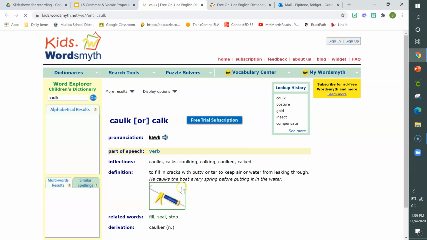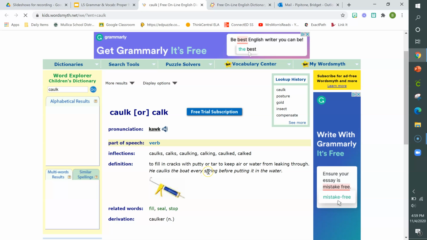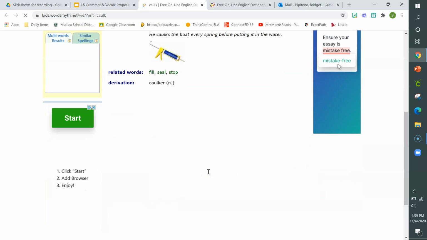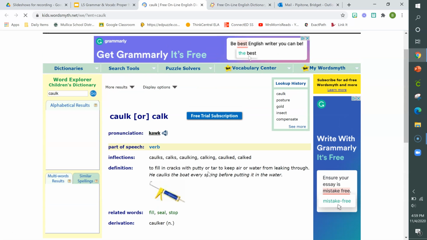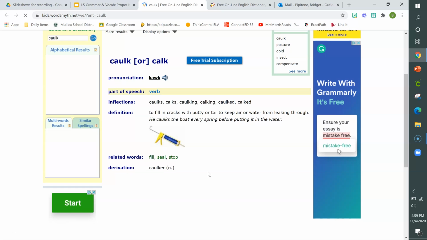I see here that this is used to fill in cracks with putty or tar to keep air or water from leaking through. I only see one definition here. How about you? Great job.